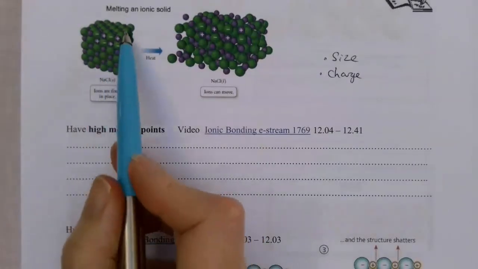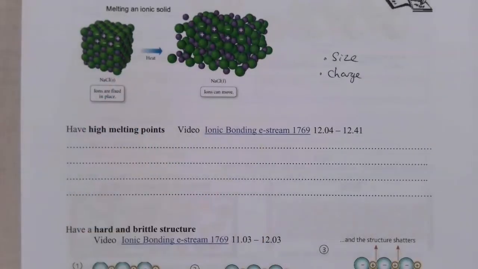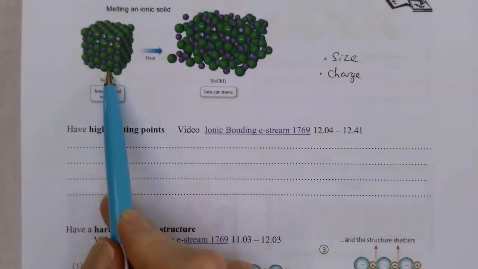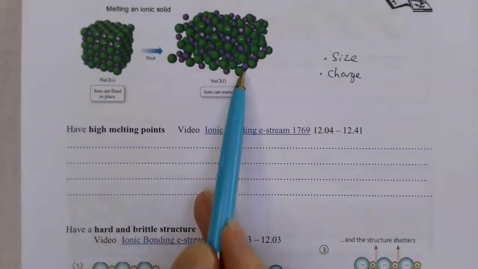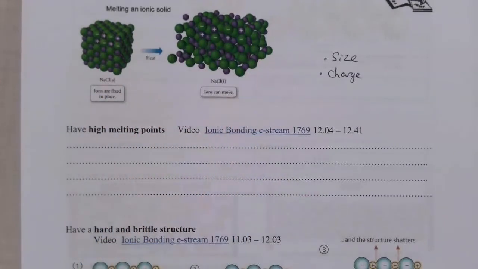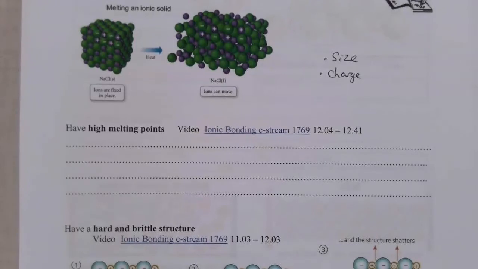Now in an ionic lattice there is strong electrostatic attraction, so a large amount of energy is needed to overcome that attraction and turn the ions from a regular lattice into a mobile liquid phase, which is why high melting points is one of the properties of ionic bonding.